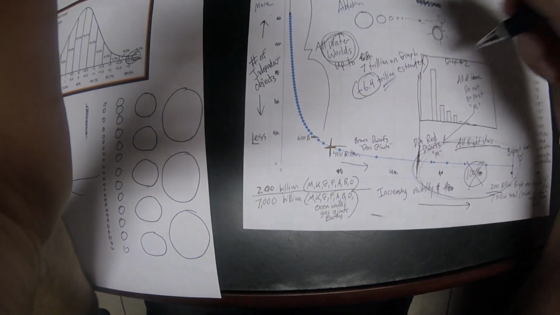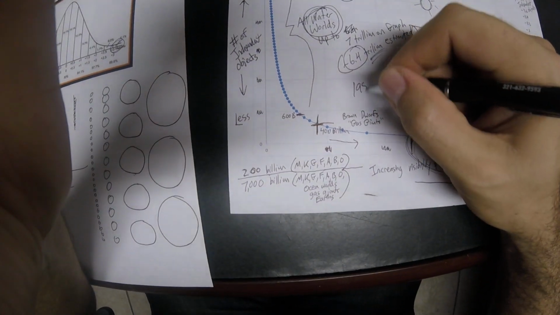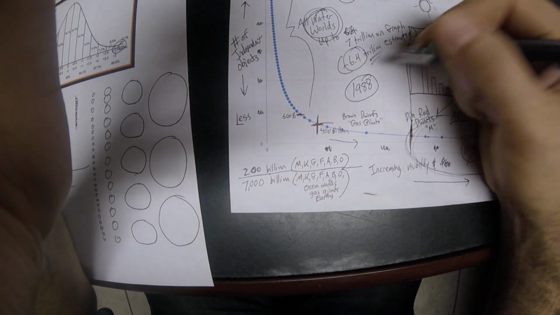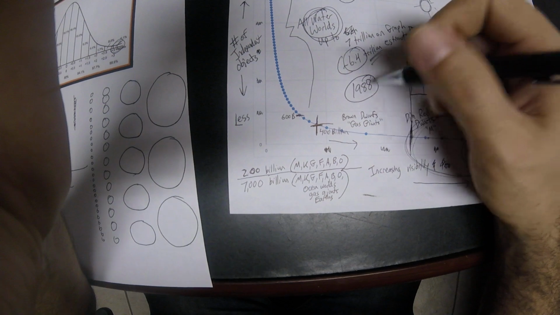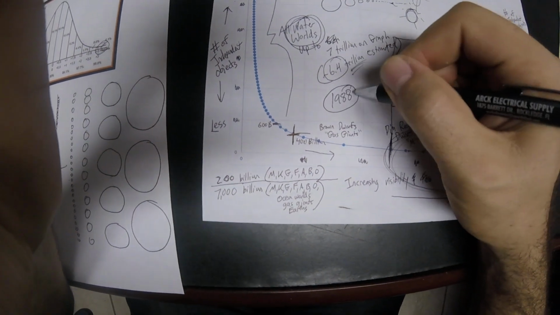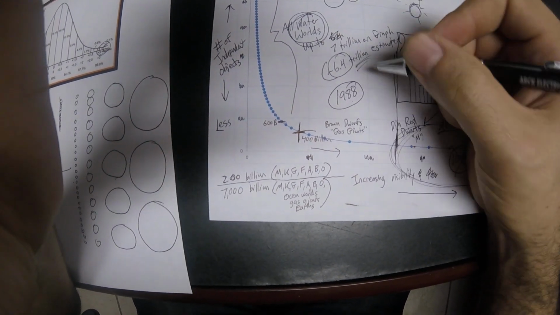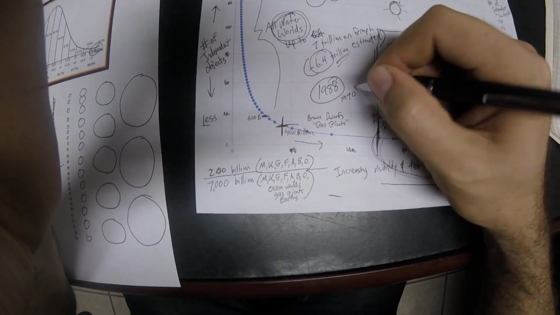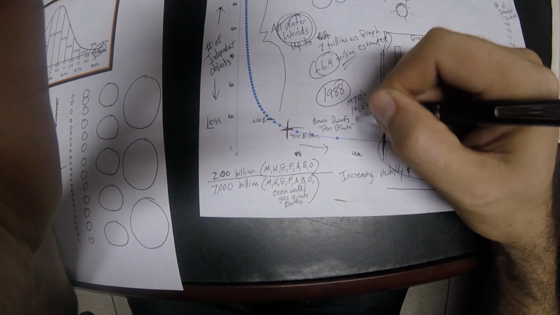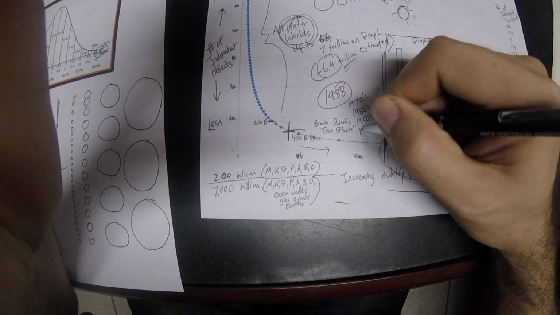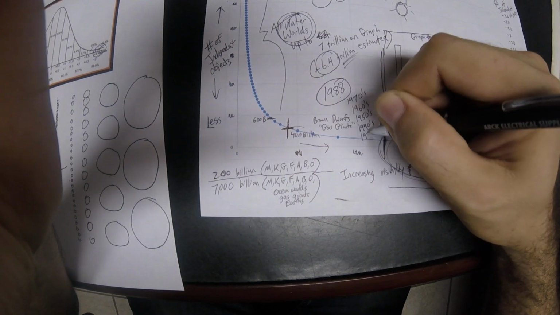It wasn't until like 1988 that they found the first object orbiting another sun-like star, I think, in the galaxy. 1988. That means the 1970s, 1960s, 1950s, 1940s, 1930s.